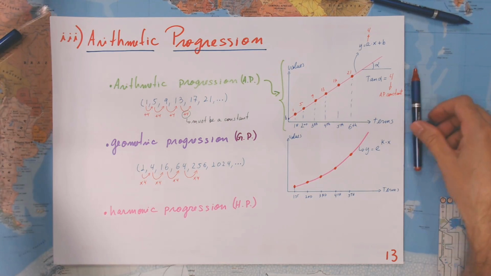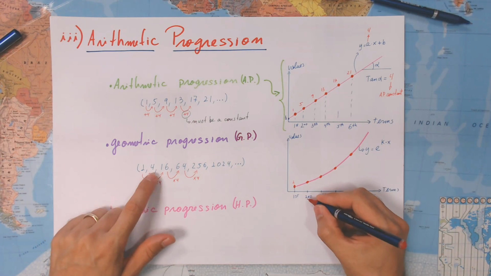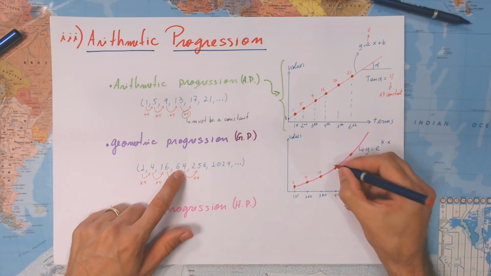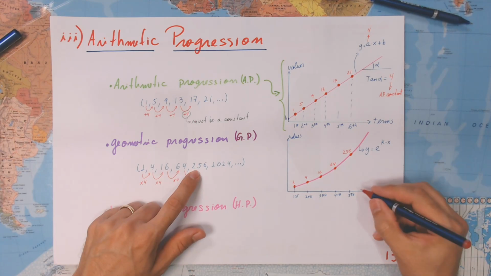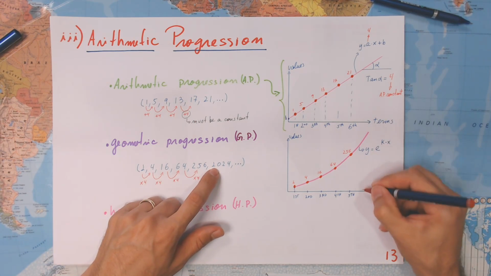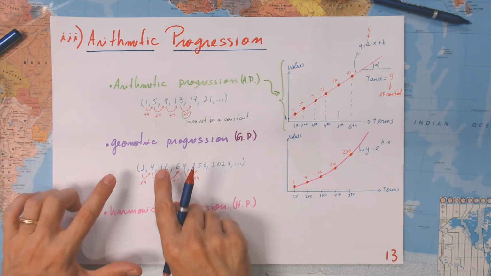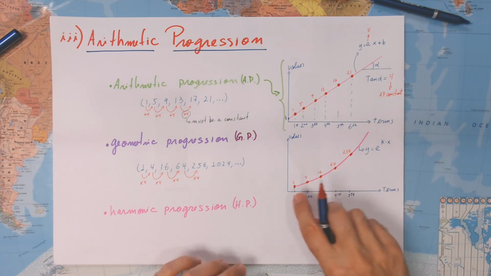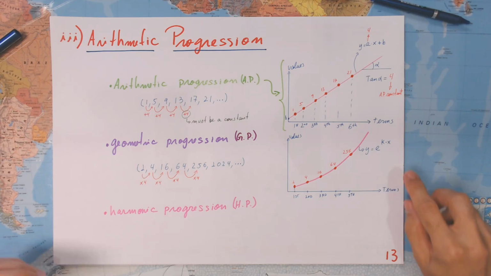Our first is 1, our second would be 4, so this would be 16, this would be 64, 256, and the other one would be right there, 1024. So this is geometric progression. Can you see? It goes much faster. The speed is much faster, because that's how we say it is an exponential.